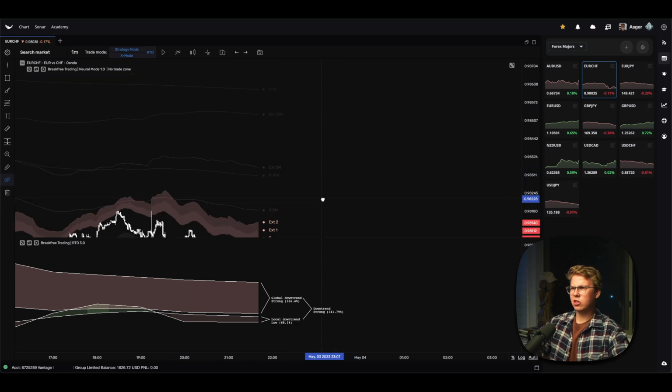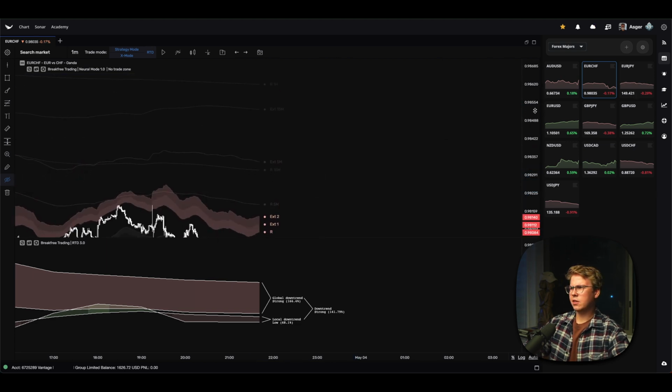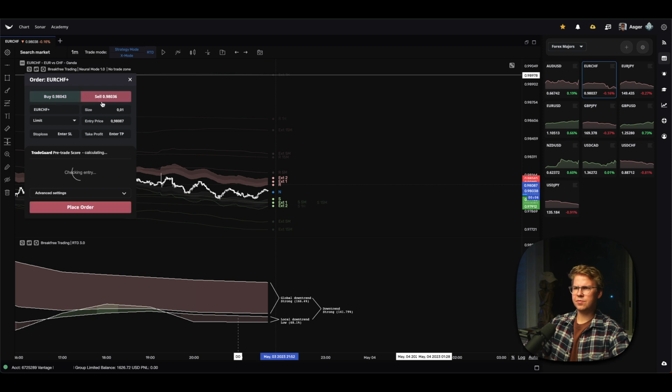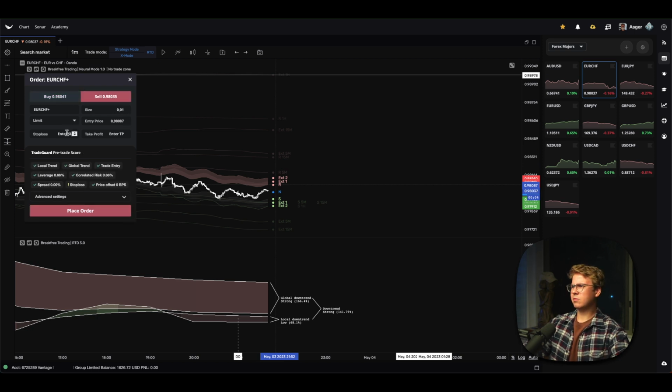Okay, so our stop loss will be up here, 1 hour extension. So let's just mark that. There we go. Start putting trades, sell, and we put the stop loss 0.98978.